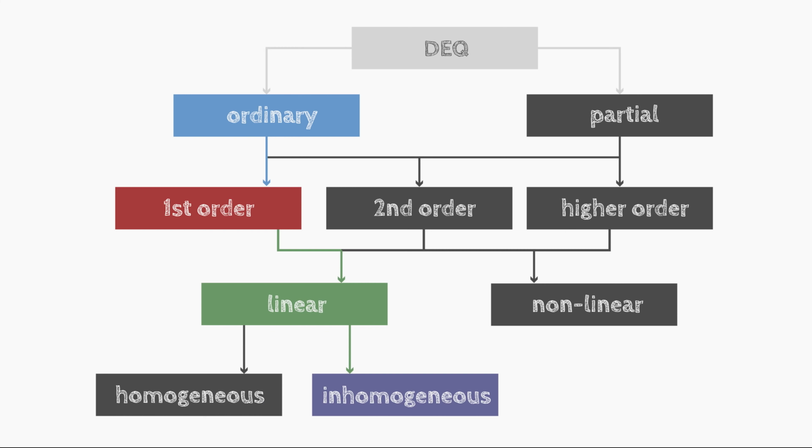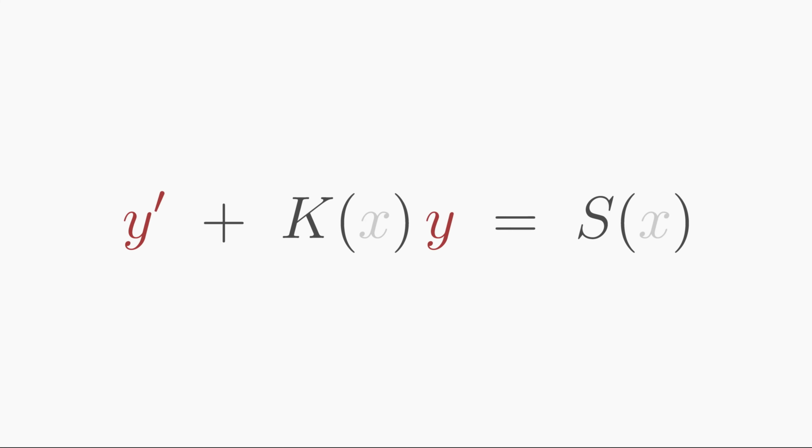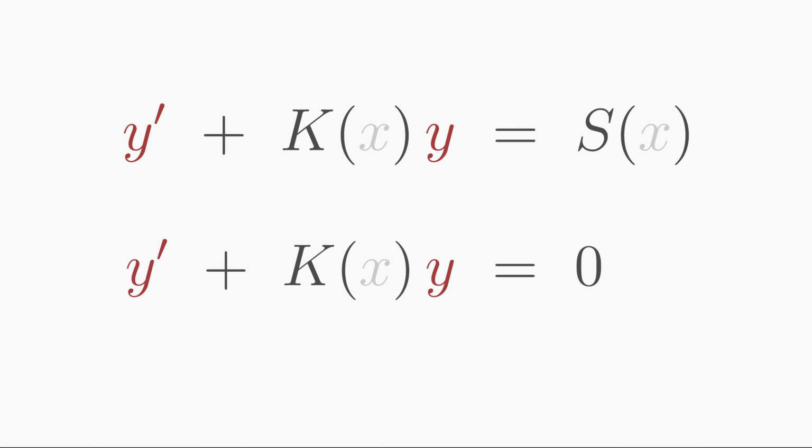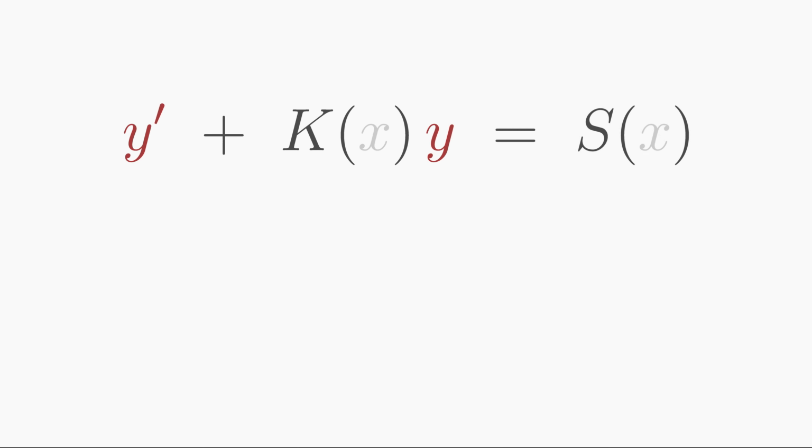You have this type of differential equation if you can bring your differential equation into the following form: y prime plus k times y is equal to s. The inhomogeneous version differs from the homogeneous one only in the single coefficient, that is, the perturbation function s is not zero. Thus, this type of differential equation is somewhat more difficult to solve.